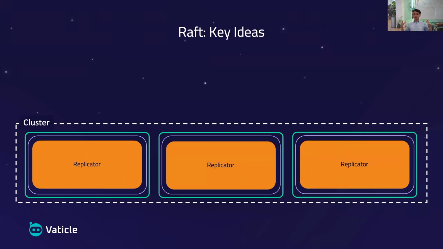So in today's presentation, we're going to take a look at this. I think this is actually the most interesting part of the explanation: we're going to take a look at the key ideas of Raft, albeit very briefly, in order to understand how replication works under the hood, right? The replicator is built on top of the Raft algorithm, and the key idea of Raft is that you keep an activity log in each server, right?